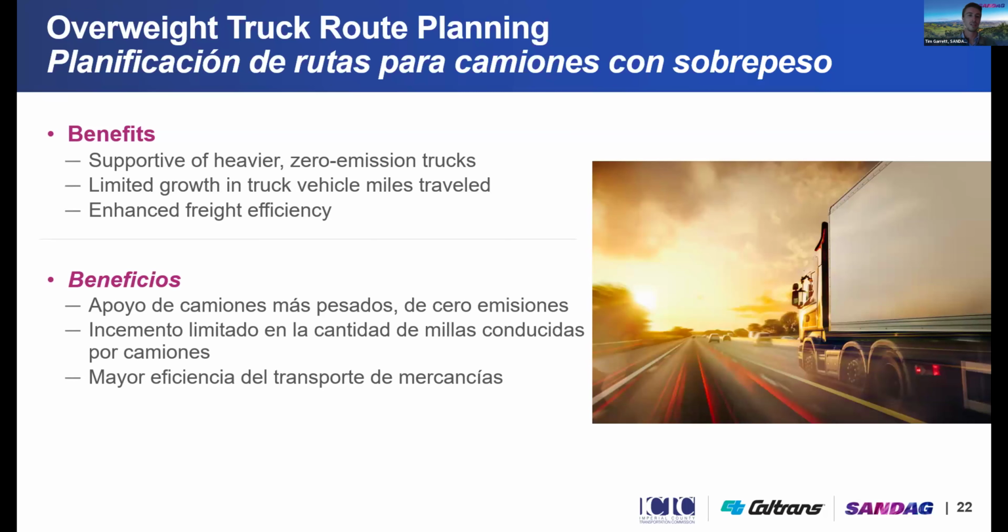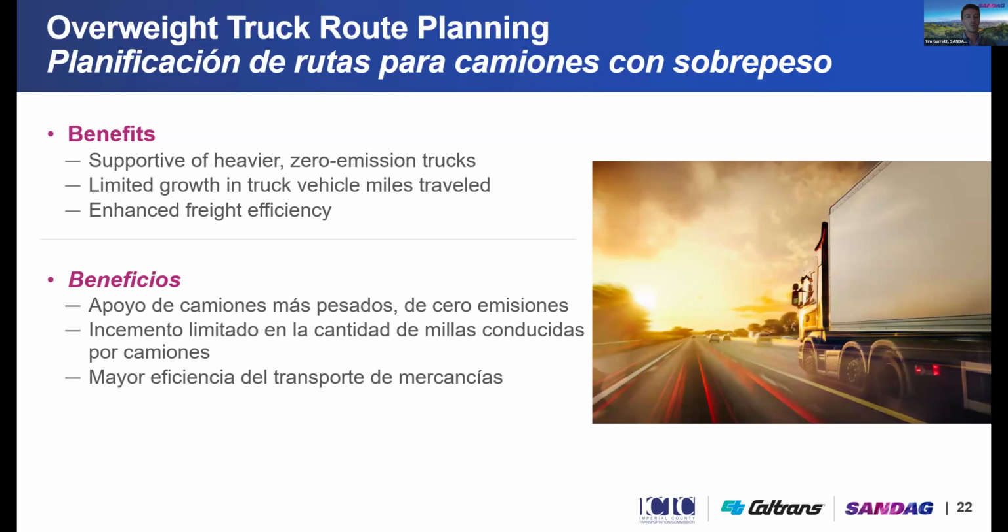And so potentially that increases the number of truck vehicle miles traveled, because it requires more trucks to move the same number of goods. We don't want to create new problems with transitioning to zero emission trucks if it results in lots of extra trucks on the road. And so that's something that we want to avoid.